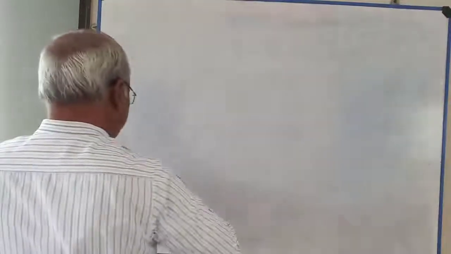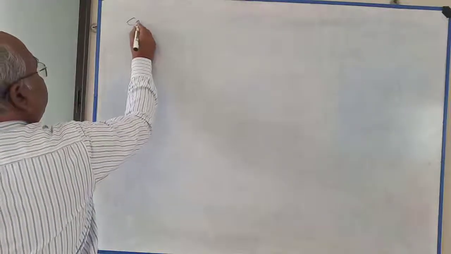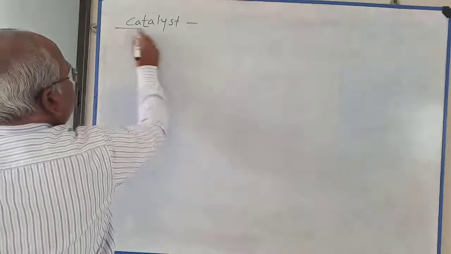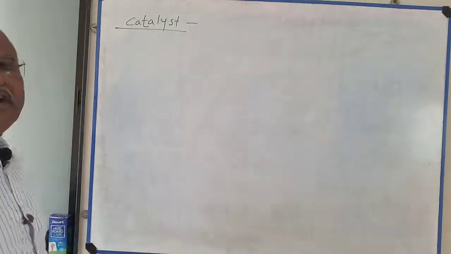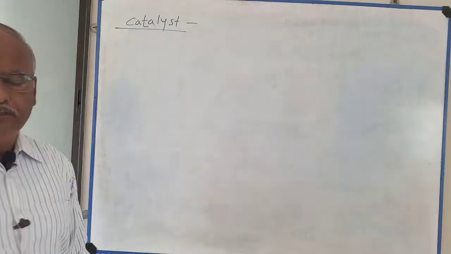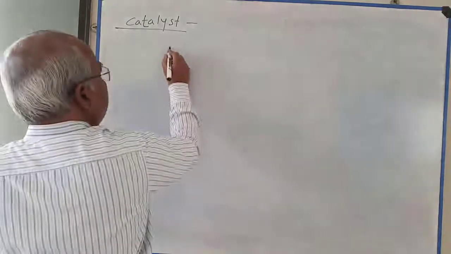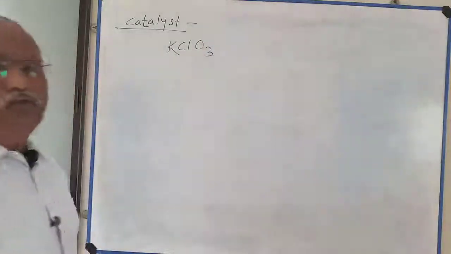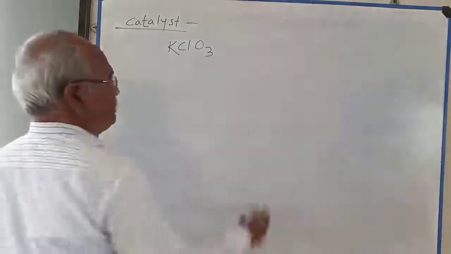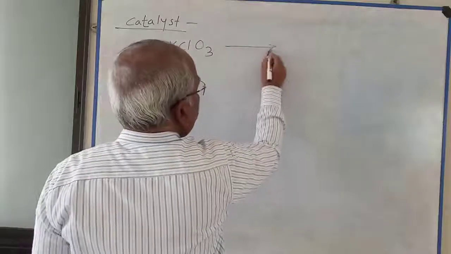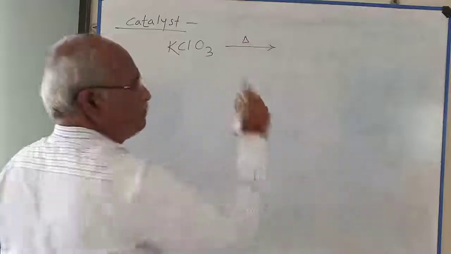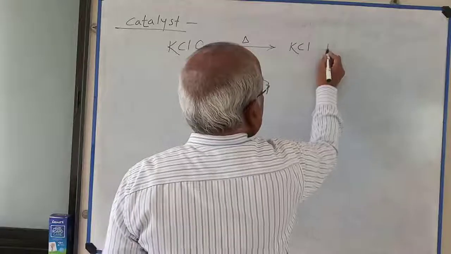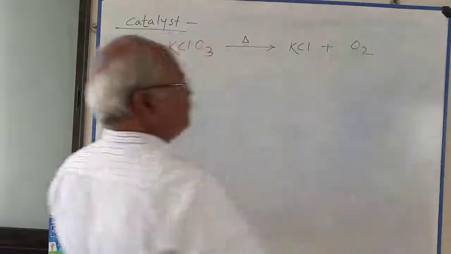So here I write catalyst. We are going to study the concept of catalysis in detail. So here I write KClO3, potassium chlorate. This potassium chlorate, when heated, gives KCl plus O2.